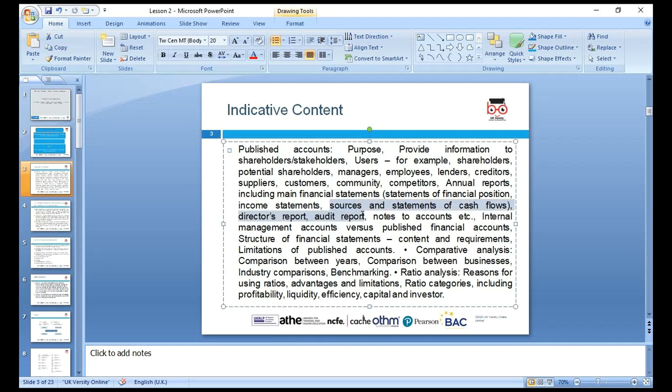We already discussed the statements and the different information they provide, and we'll go through some limitations, comparative analysis, and benchmark. Benchmark means the industry average, where we look at what average different consultants or analysts normally recommend. Then ratio analysis, reasons for using ratios, and the advantages and disadvantages of each of them, which we'll go through.